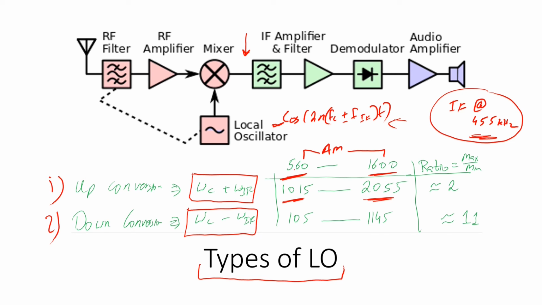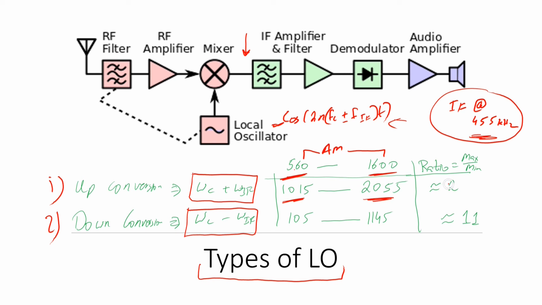Consider the ease of manufacturing a local oscillator which can easily tune between 560 and 1600 kilohertz. The ratio of maximum to minimum has to be small. Presently the maximum is 2055 kilohertz and the minimum is 1015. So 2055 divided by 1015 yields approximately 2.